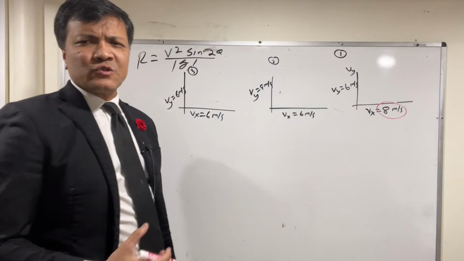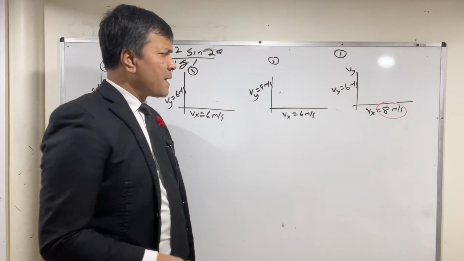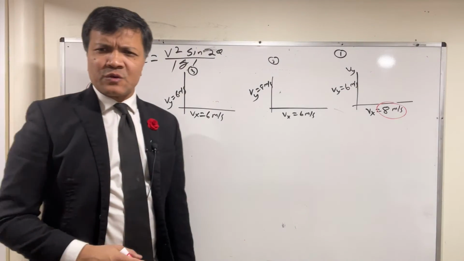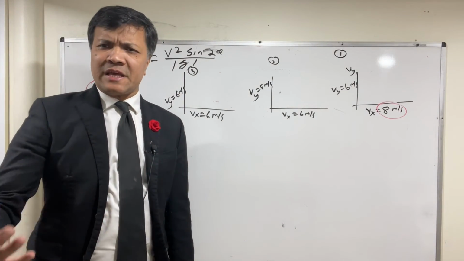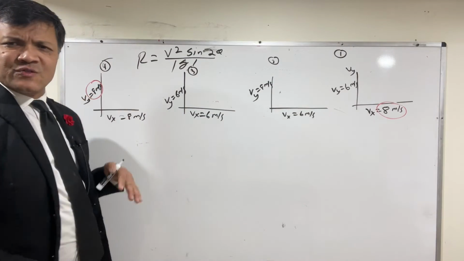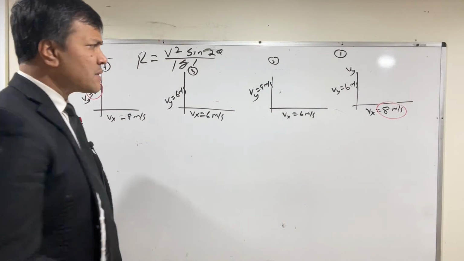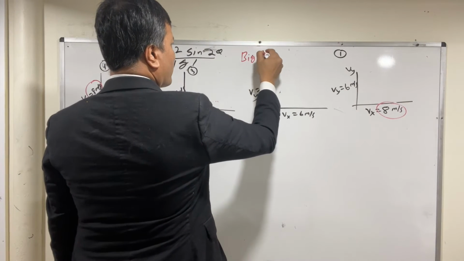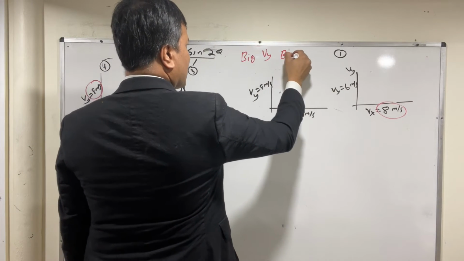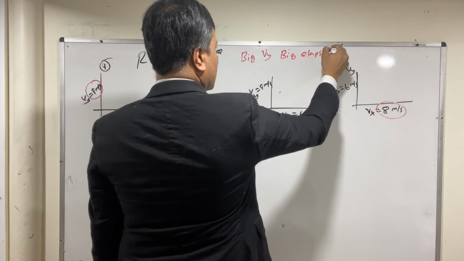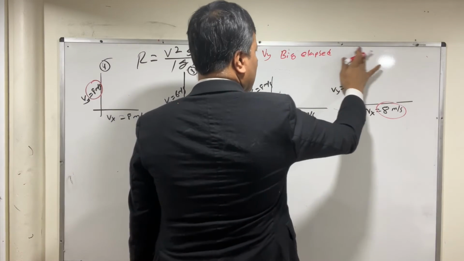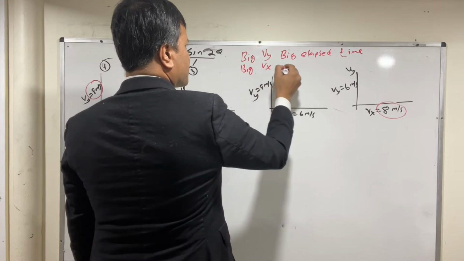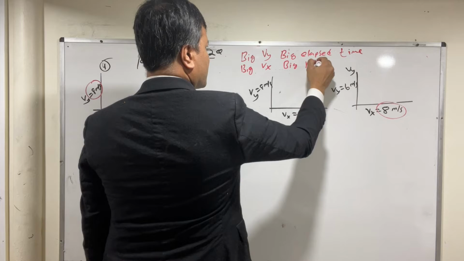Vx always contributes to the big range, and the big Vy always contributes for the ball to stay longer in the air. Big Vy means big elapsed time, and big Vx means big range.